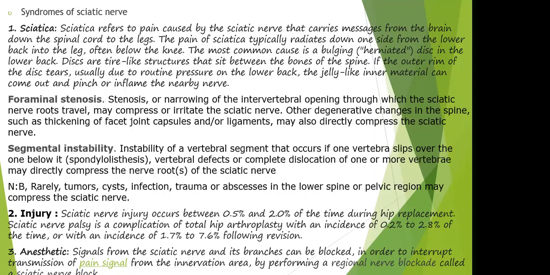The most common cause is a bulging, that is the herniated discs in the lower back. Discs are tire-like structures that sit between the bones of the spinal cord. They act like a cushion for the spinal cord, so that there won't be friction there.